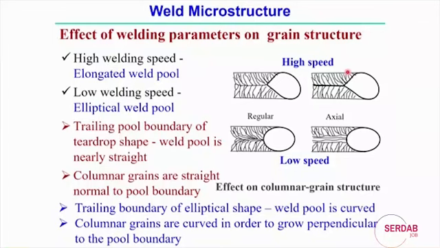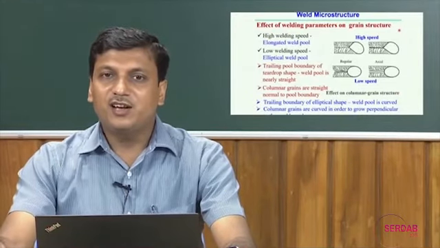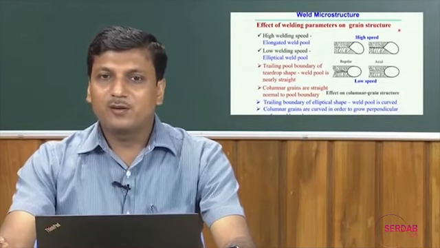Now, what are the effects of the welding parameters on the grain structure? If we look at the actual welded structure, what type of microstructure can we expect during welding at very high speed and at very low speed?